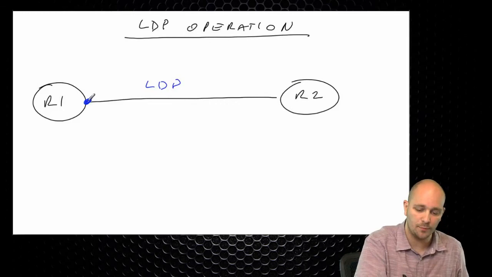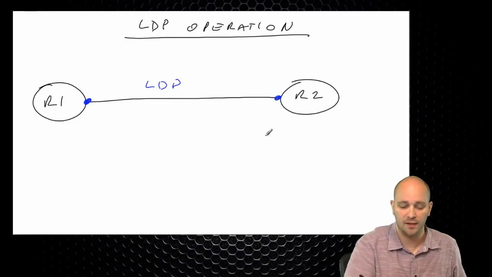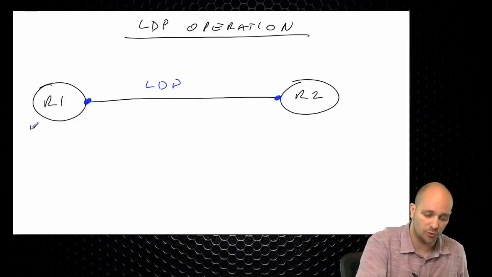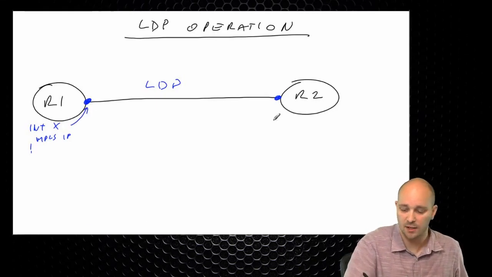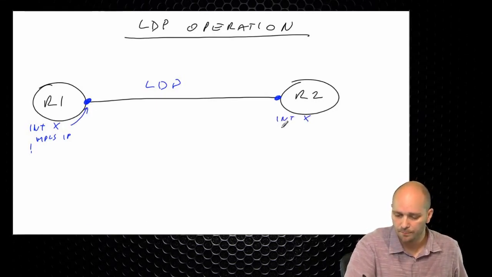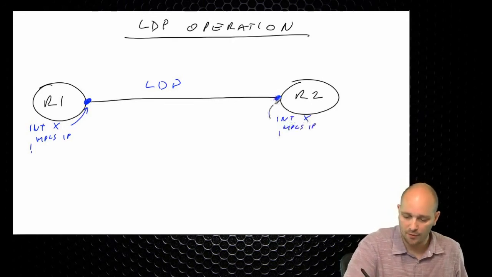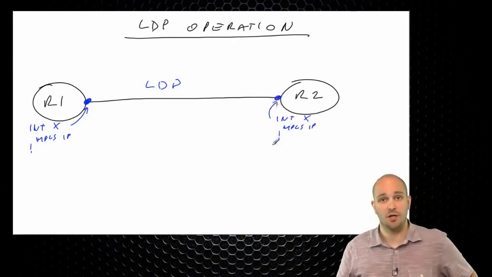So we configured LDP here, and we configured LDP here. How do you do that? You go to the interface and you say mpls ip. This by default will actually turn on LDP on this interface. We did the same thing here. And what happened is LDP actually started working.